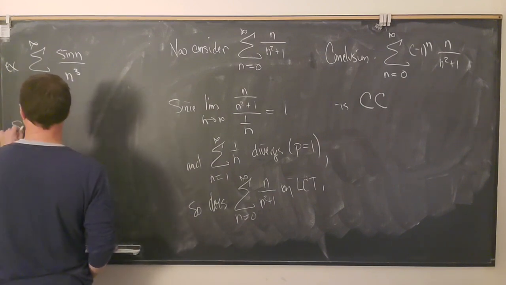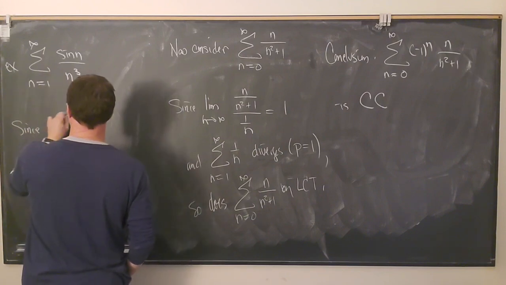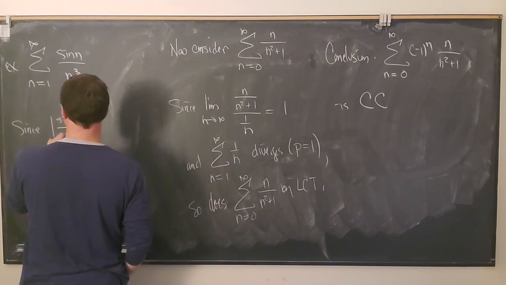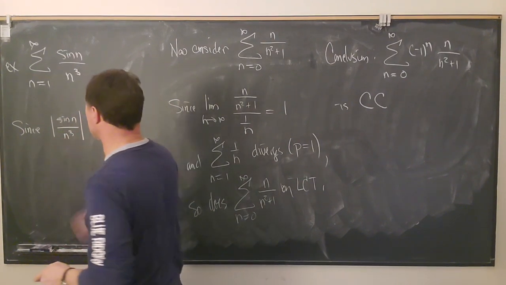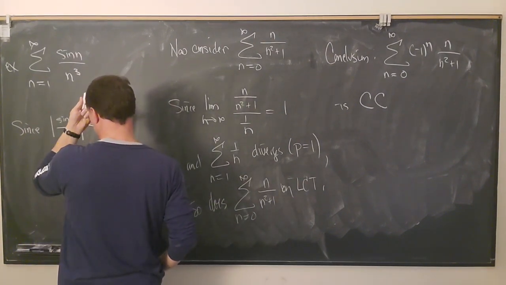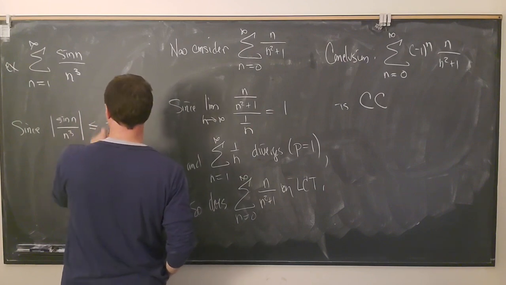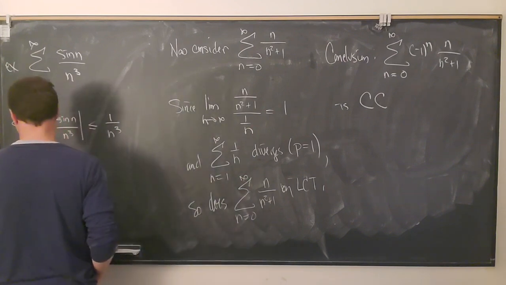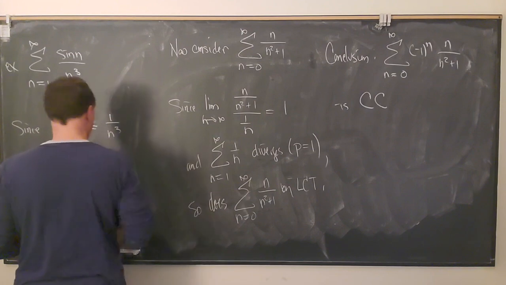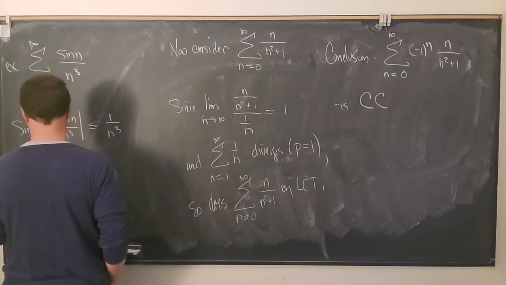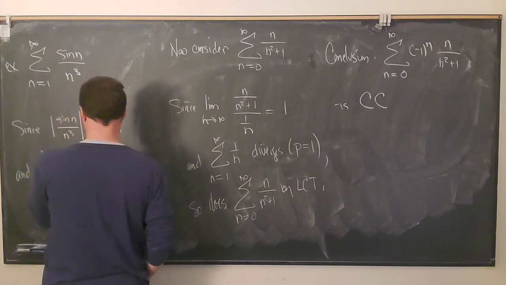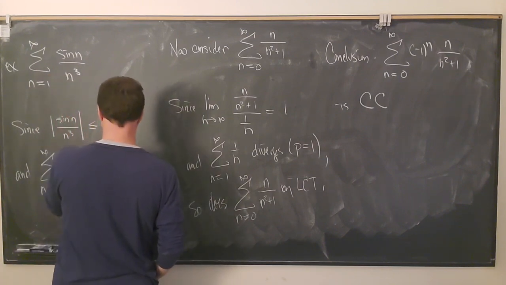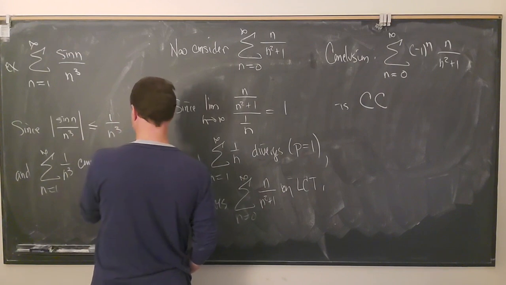So, since the absolute value of sine of n over n cubed is a sequence with all positive terms, and that's going to be less than or equal to 1 over n cubed, and the sum from n equals 1 to infinity of 1 over n cubed converges, that's a p series where p equals 3.